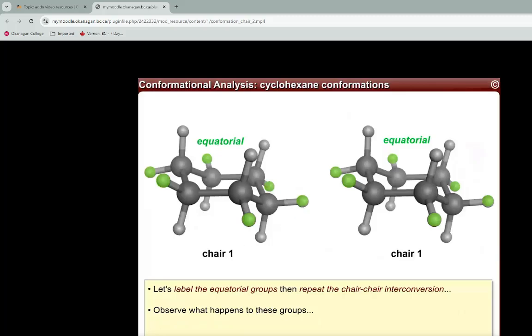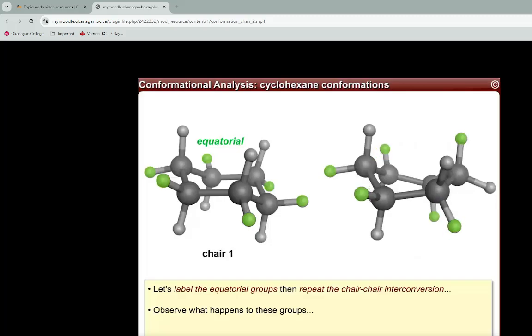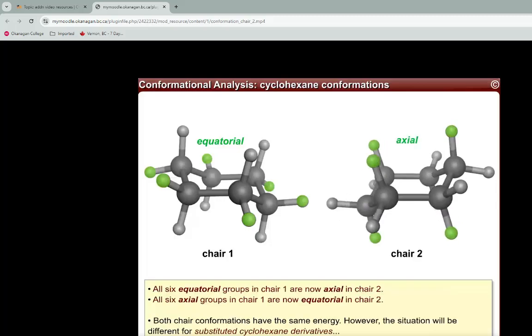And then watch what happens when we adjust the other chair to become the conformer. Okay, so that's the transition, and now I'm going to pause. So you can see that the equatorial hydrogen now becomes an axial hydrogen. And I really encourage you, if you're having trouble picturing this, come and take a look at some of these animations, because they help you visualize what's going on.